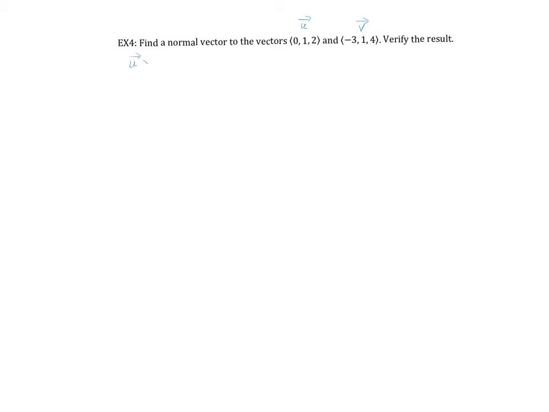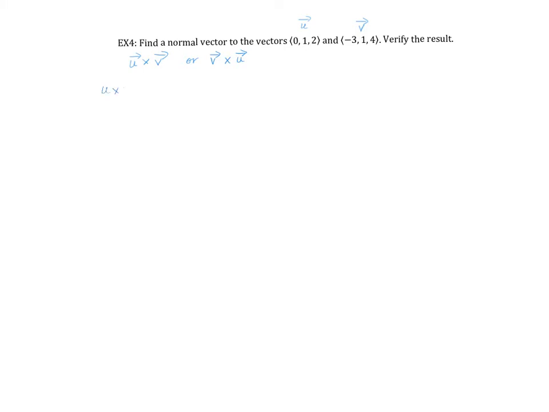I can do u cross v. That will give me a normal vector. Or I can use v cross u. That would give me another normal vector to these two vectors. So I'll just do the first one, the u cross v. And then we're also supposed to verify results. So we'll talk about that in just a little bit.